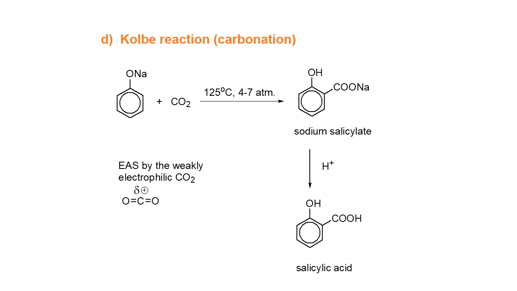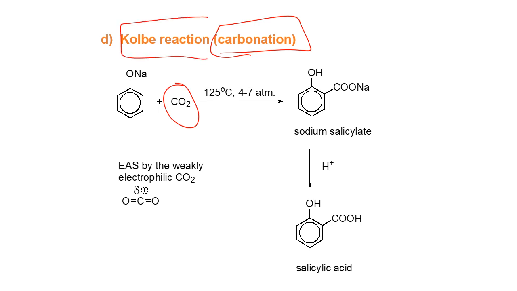Alright, and the last reaction in electrophilic substitution is carbon dioxide addition. This is called carbonation, or also the Kolbe reaction, named after the scientist who discovered it. Carbon dioxide is usually added to the phenoxide. You have to use phenoxide. Why? Because carbon dioxide is a weakly electrophilic compound.